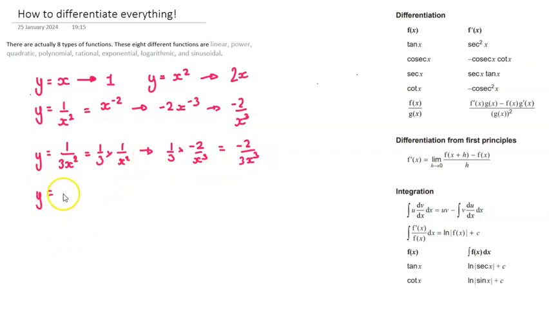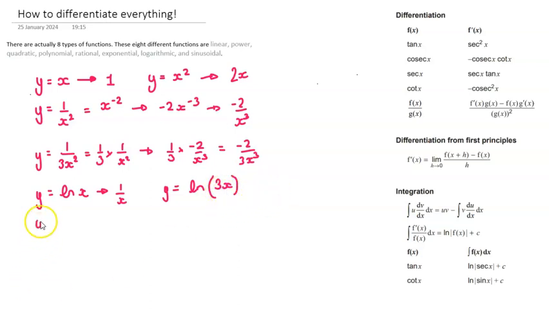Right, what about if y equals the natural log of x? Okay, well, hopefully you know that that goes to 1 over x when you differentiate it. But what people do very wrong sometimes is they say, right, if y equals the natural log of 3x, they forget that you need to differentiate what's in the bracket.